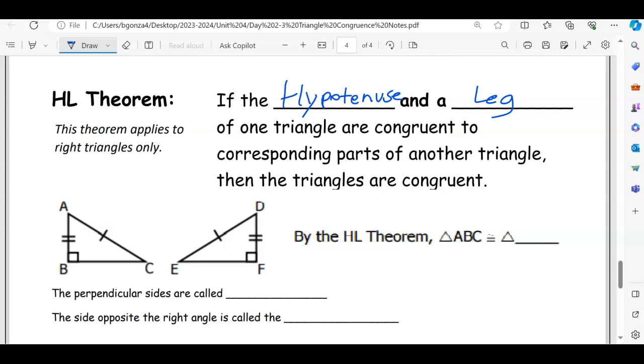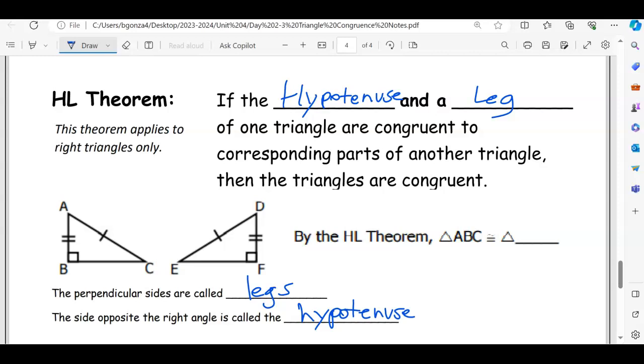At the bottom, the perpendicular sides are called legs. And the opposite of the right angle is called the hypotenuse. Cool. Now look, if I follow the edge, is this an angle or a side?